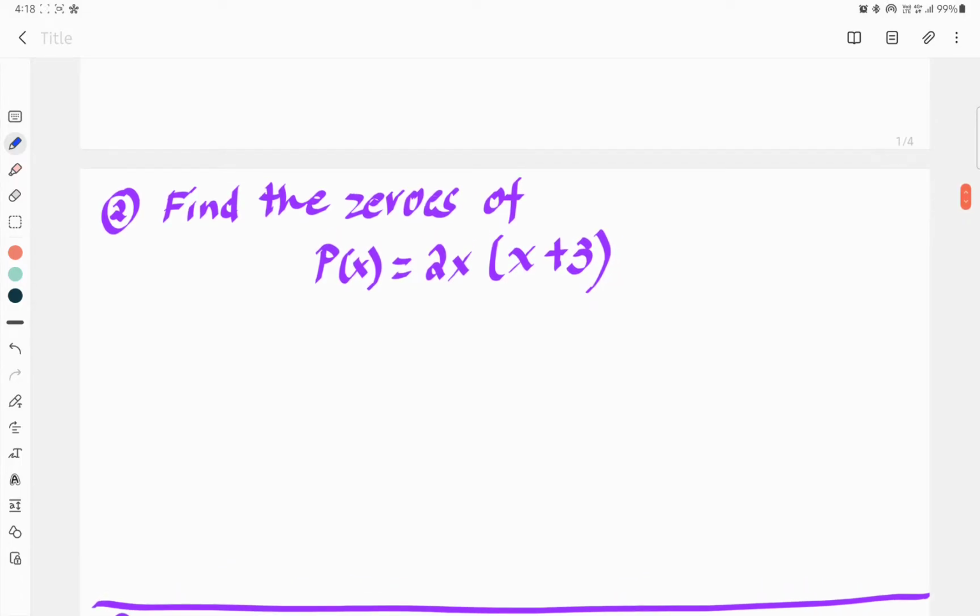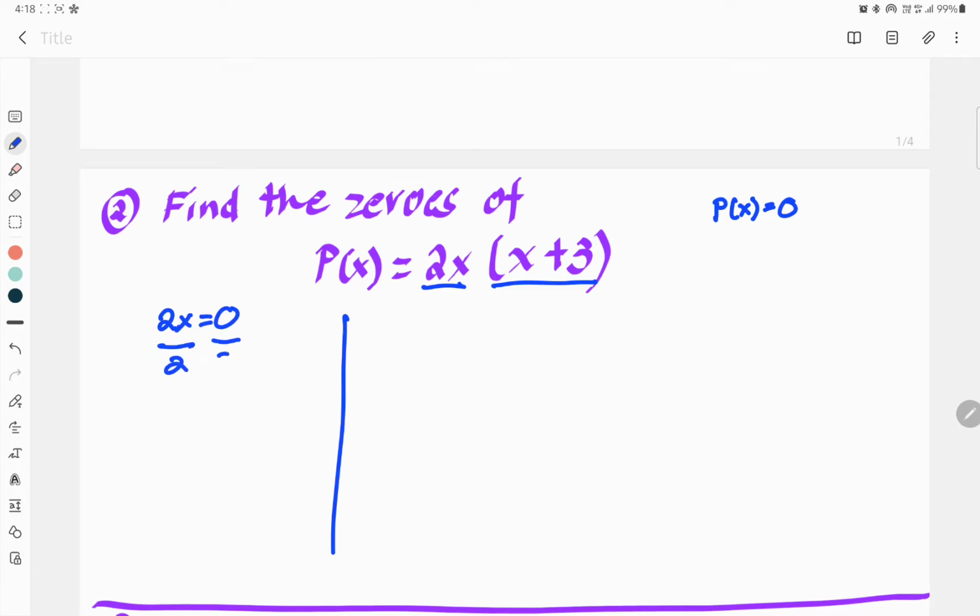Find the zeros of p of x equal to 2x times x plus 3. Now remember that p of x is equal to 0. So therefore, on a zero product property, you can make each group or each factor could be equated to 0 because it's zero product property. So we have now 2x equal to 0. Therefore, divide both hand side by 2.